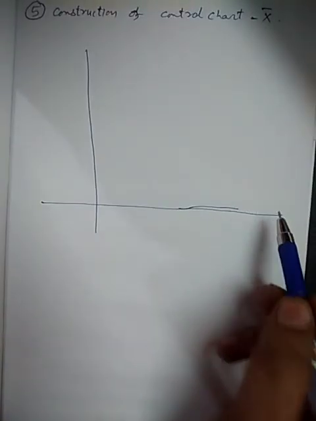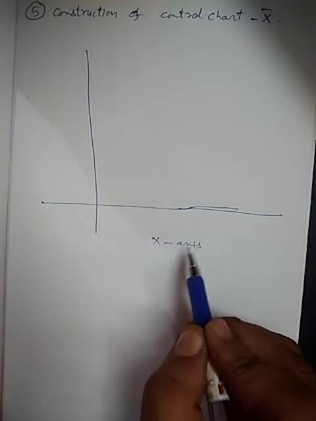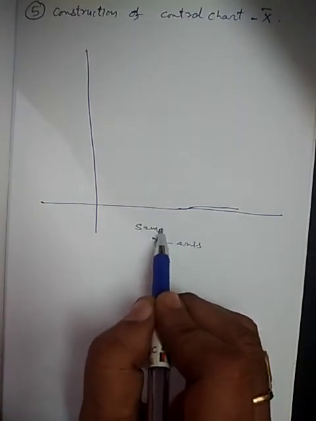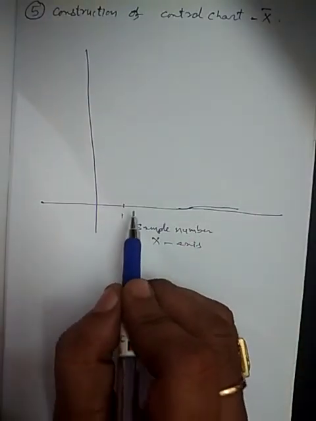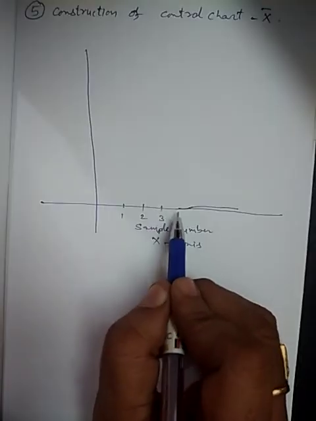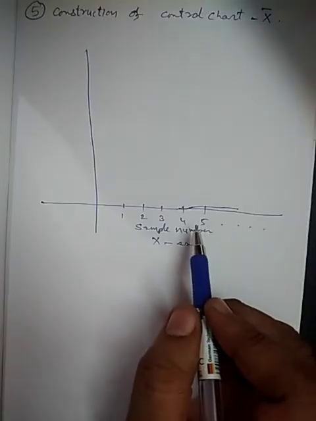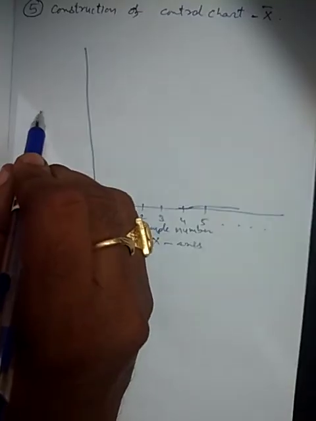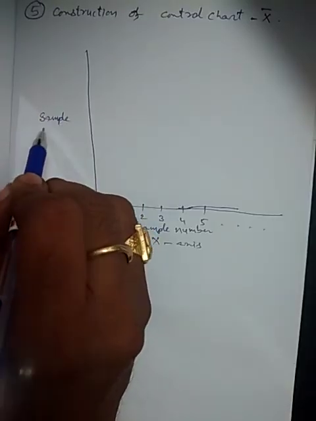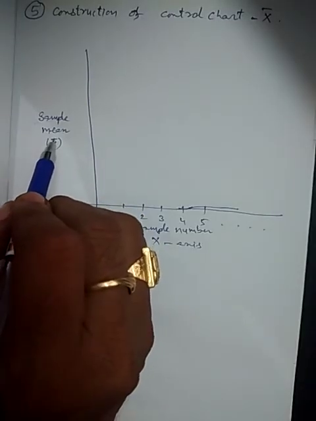On the x-axis you consider the sample number, that is sample number 1, sample number 2, sample number 3, 4, 5, etc. Usually 20 or 25 samples are considered. On the y-axis you consider the sample mean, X bar i, the value for the ith sample.